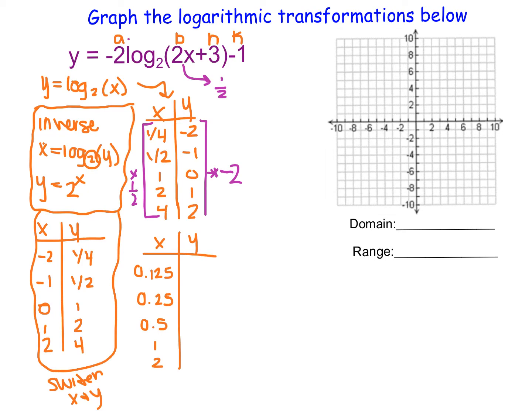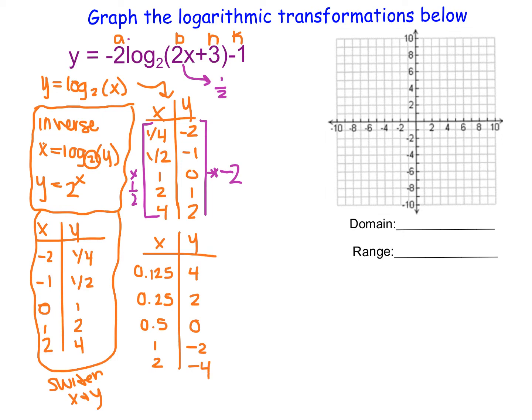So you can see that it shrunk down there. Then from here, we're going to multiply the y values by negative 2. So we have 4, 2, 0, negative 2, and negative 4. So we've applied a and b.